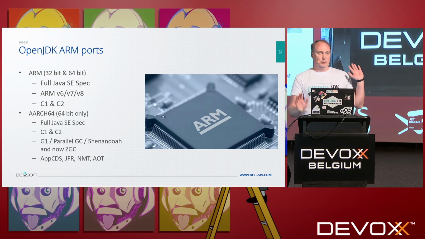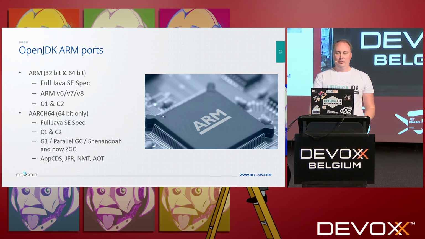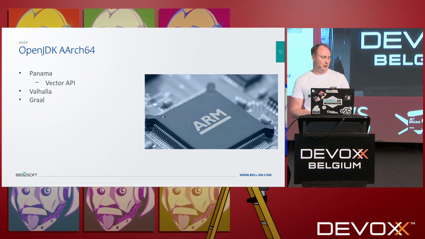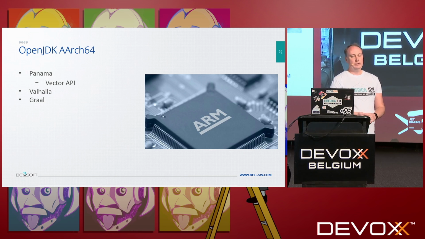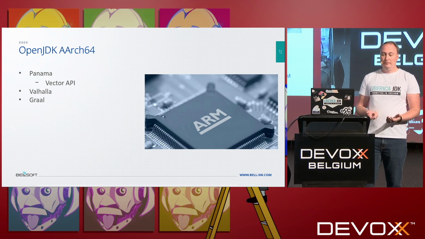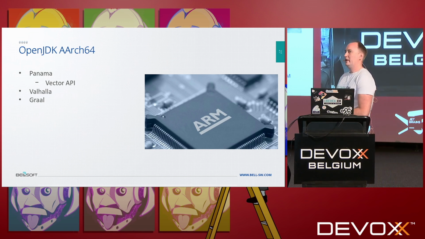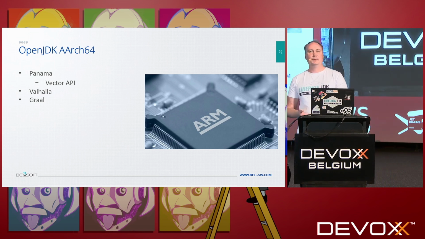It has all the cool features of recent JDKs. And also, OpenJDK developers continue to evolve it in new projects that we all know, and you may hear about them here, like Project Panama or Valhalla with inline types. You currently can get Valhalla for ARM and run it.